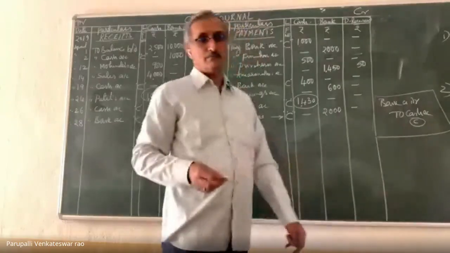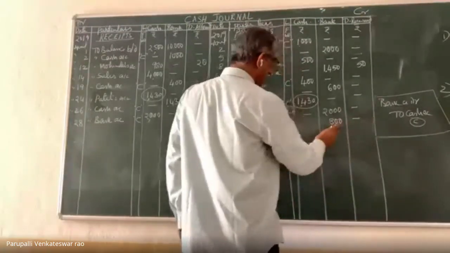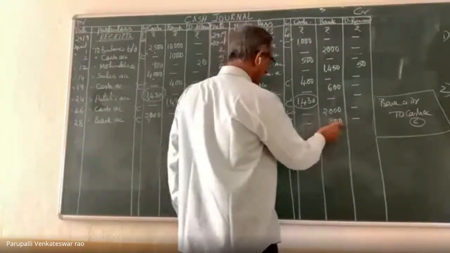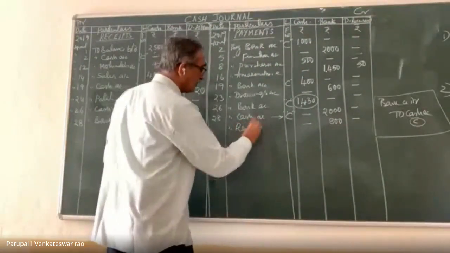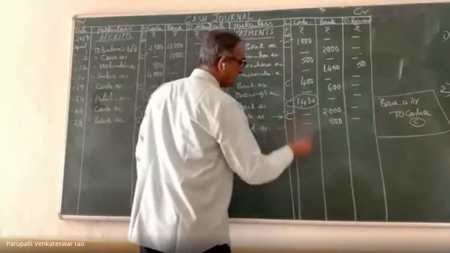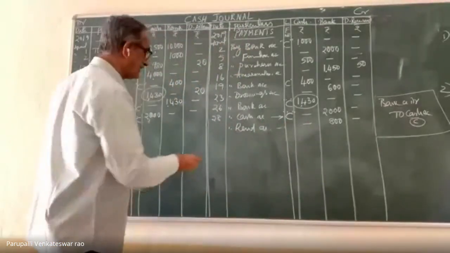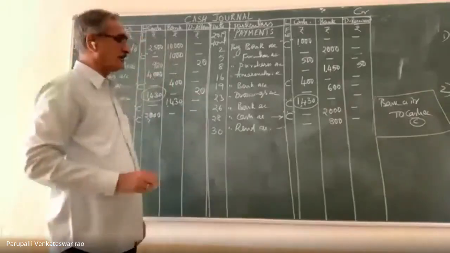Check means bank column. Rupees 800 in the bank column. Then what is paid? Rent paid. So rent account, it is 800. Dated 30th, by rent, paid from bank.